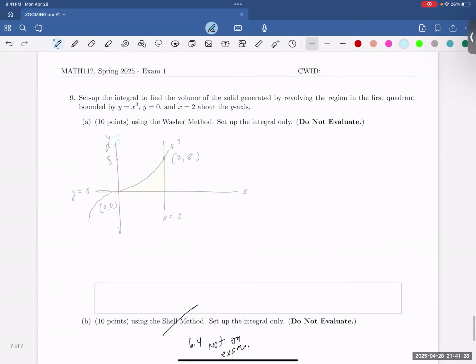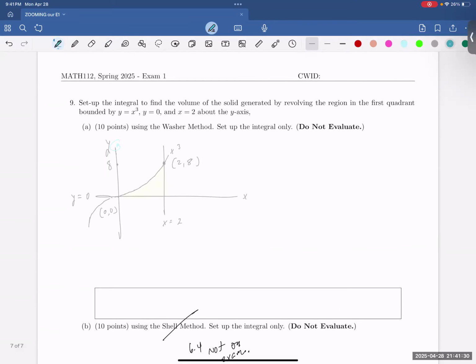It says use the washer method. Let's see, we're going to have an outer radius and we're going to have an inner radius. Both are perpendicular to the axis of rotation, and then we measure the distance from the axis of rotation to the curve. So let's write that out.